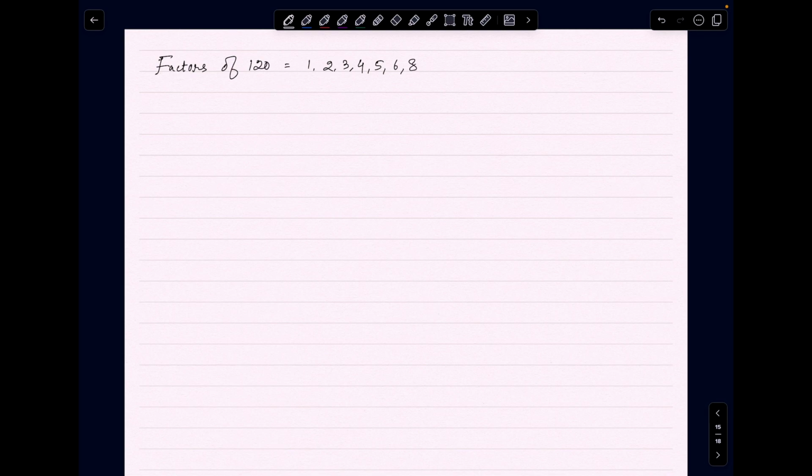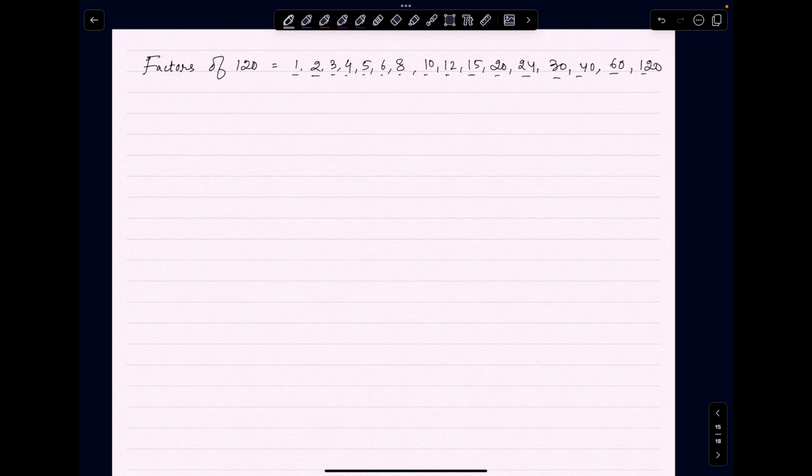Then 10, 12, 15, 20, 24, 30, 40, 60, and 120 is also there. These are the factors. How many factors am I getting? 1, 2, 3, 4, 5, 6, 7, 8, 9, 10, 11, 12, 13, 14, 15, 16. 16 factors are there. Got my point?